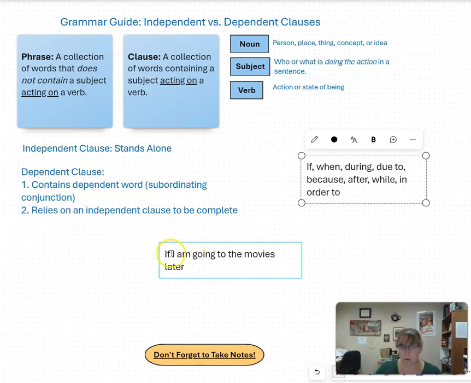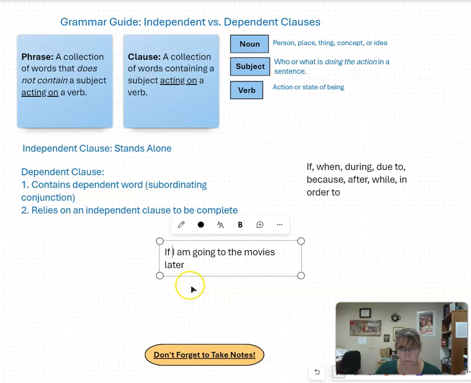Because I am going to the movies later, if we wanted to switch this out for something else, because I'm going to the movies later, I need to finish my chores now, or I shouldn't watch a movie right now, or something like that, right?